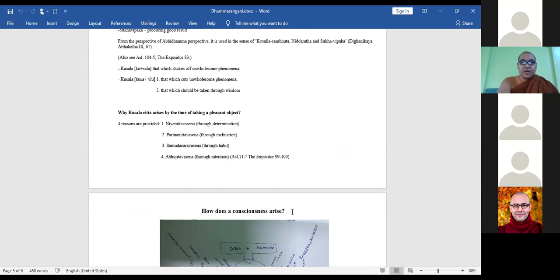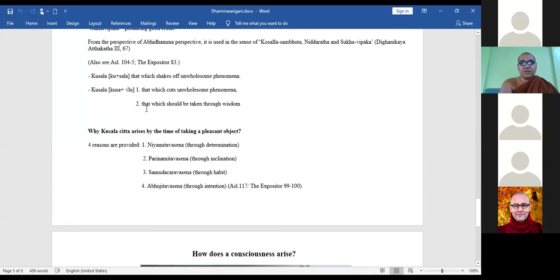As an issue, the Atthasalini commentator explained, here the question is given: why does kusala citta arise by the time of taking a pleasant object?